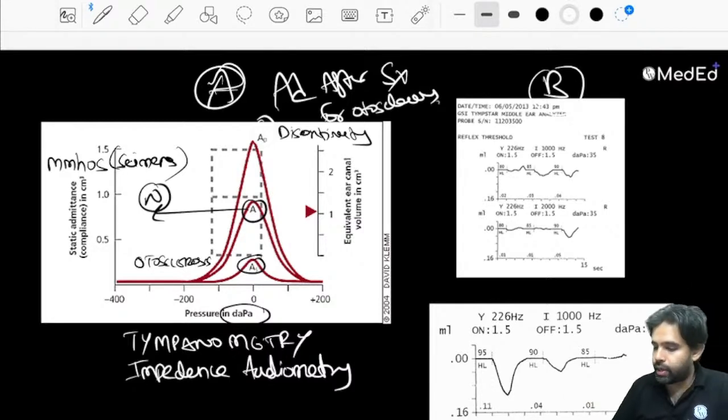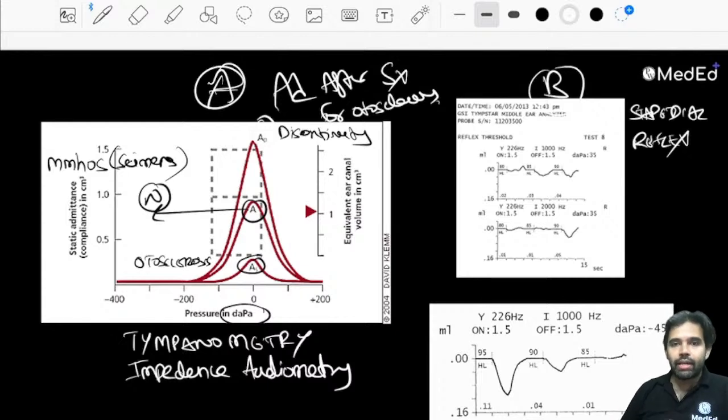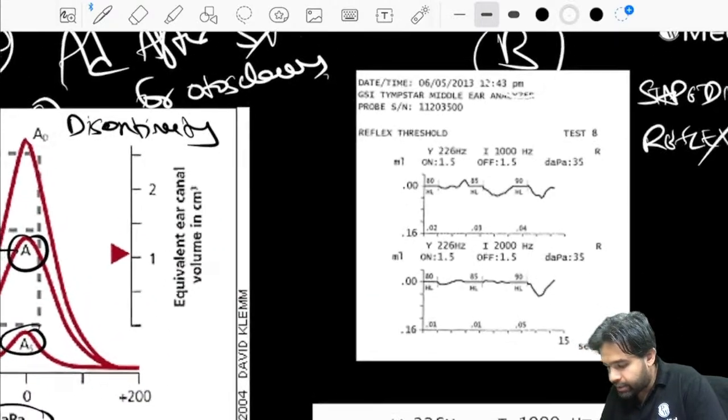What do you see in B over here? B is nothing but a stapedial reflex. Whenever there is facial nerve palsy and you want to know the site of localization, whether it is the middle ear or not, you give that same impedance audiometry probe and you give sounds. Like here, I'll just zoom in.